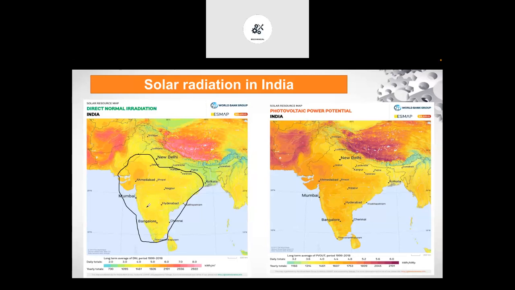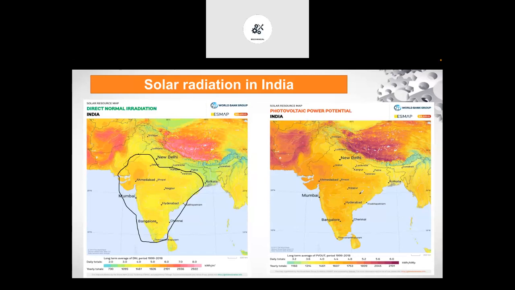This kilowatt hour means 1 unit, so that particular 1 meter square of area will receive around 1800 units of energy per meter square. So that is sufficient for us.